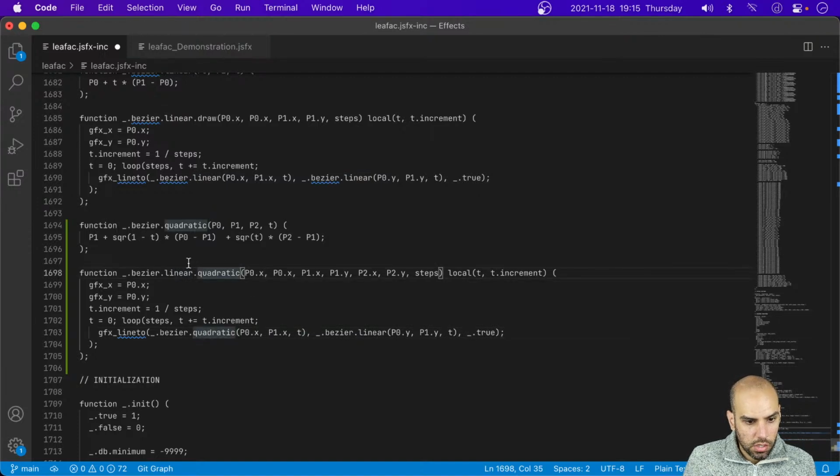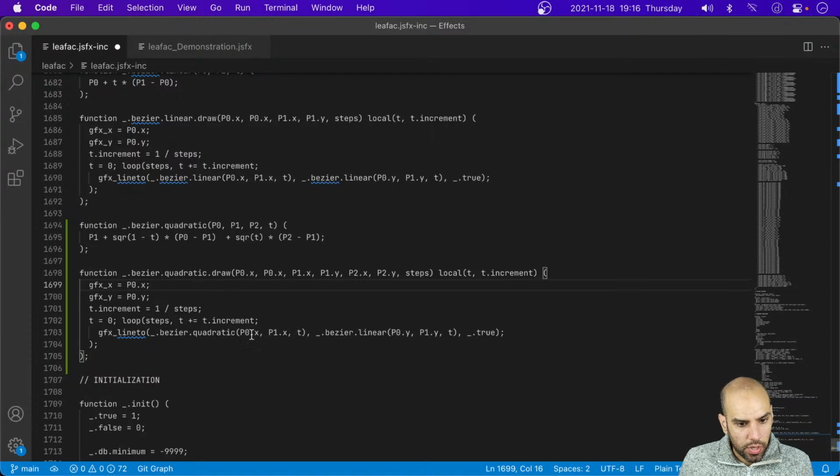Oh, I replaced the wrong parts, didn't I? It should be quadratic draw. And over here, it should be a call to quadratic, and we need to pass along P2x and here P2y.